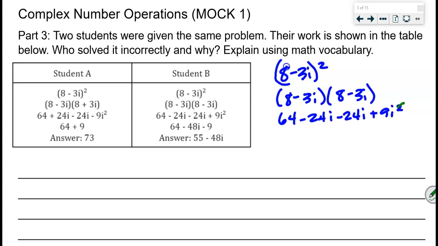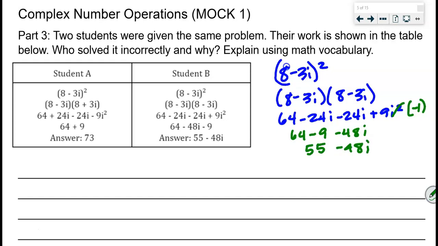So I'm going to work this problem, y'all. I'm always going to suggest you guys do that because it'll be easier for you to find the error, okay? So this is now going to be 64 minus 9, because that's 9 times negative 1, minus 48i. So that's going to give me 55 minus 48i.